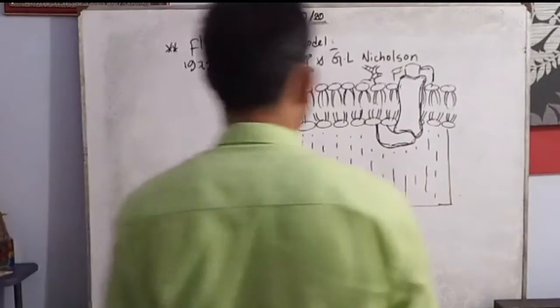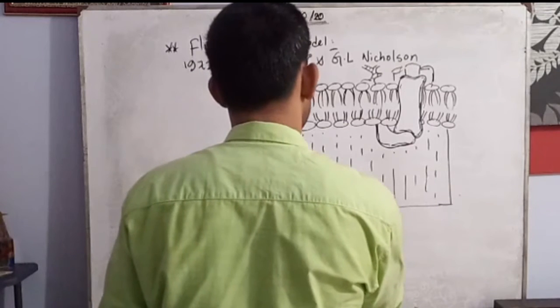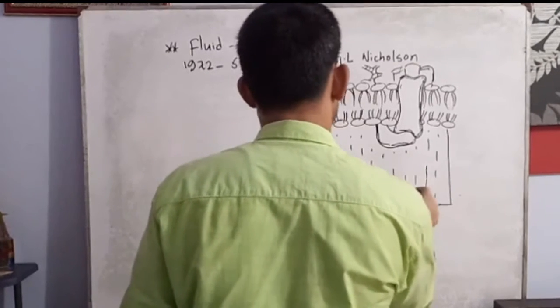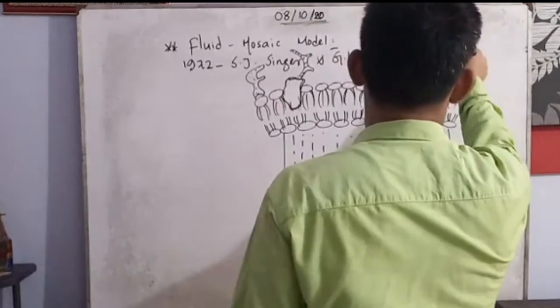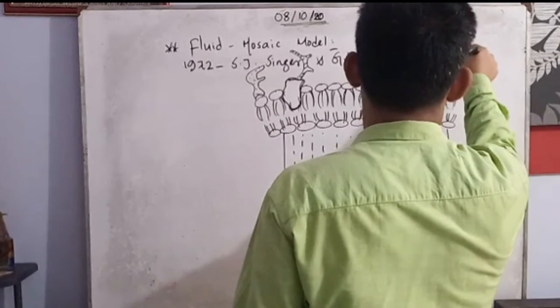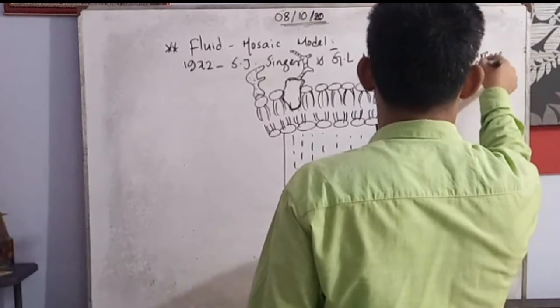So this is the inner side or inner surface of the cell. Inner surface of cell, and this one is the outer surface of cell.